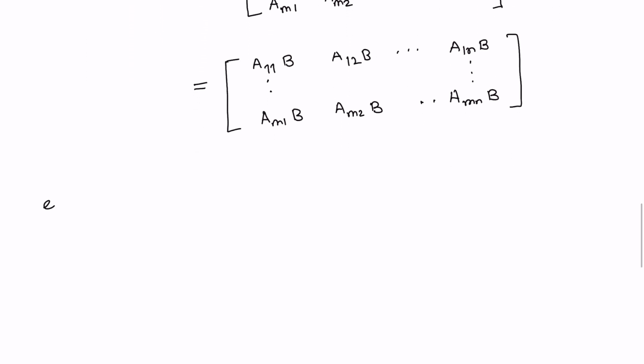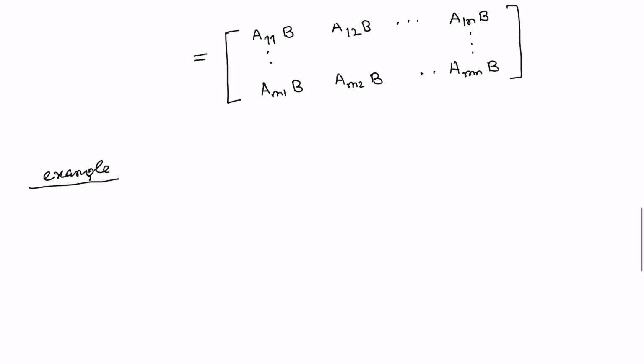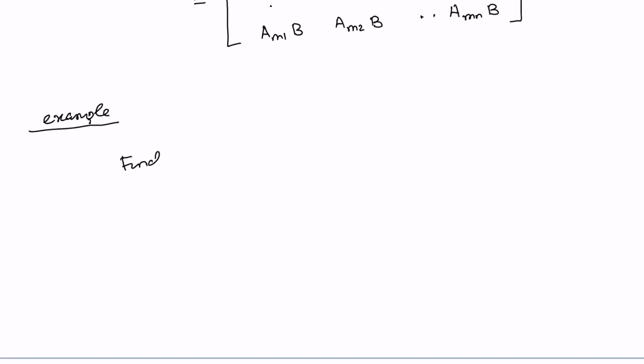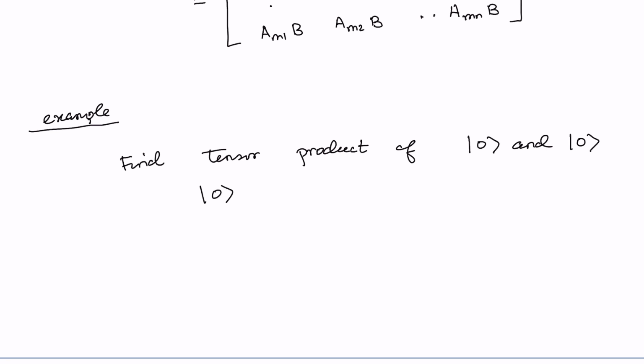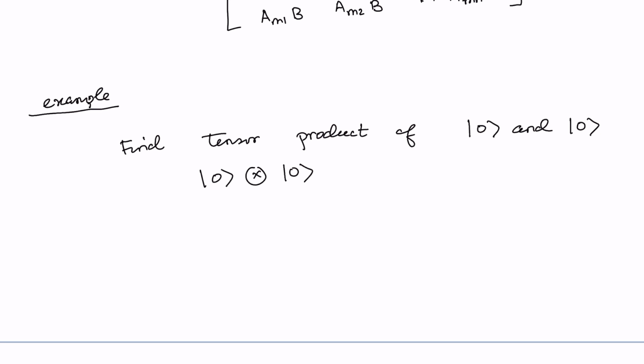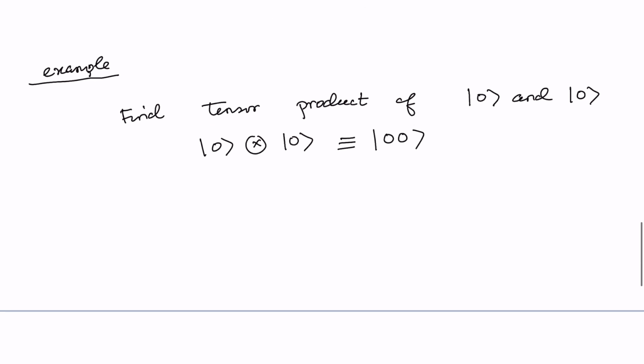For example, let us find the tensor product or direct product of |0> and |0>. That means 0 tensor product 0. In fact, this is written in the short form simply as |00>. Now let us do it.